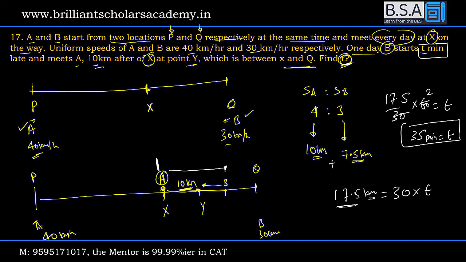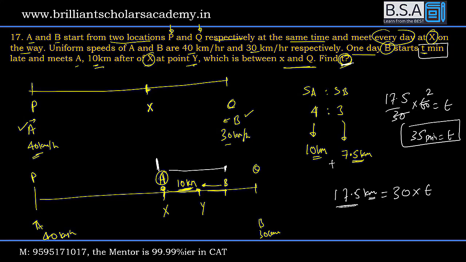You visualize in this manner कि A आ चुका है. A is already standing at the point X and he is waiting for B. Because A is not changing his speed, A is not getting delayed. So A arrives on time. And now he calls B, किधर है? How far are you?